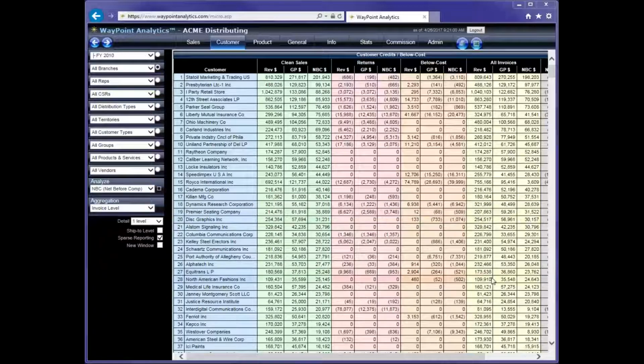So where we originally had about 21,000 of NBC dollars, we have reduced that down to 9,000. So this is a good report for managing your returns and your below cost, because they are costly. There's a lot of paperwork involved in returns, and this report will provide that information.